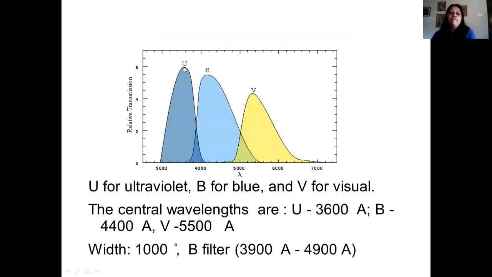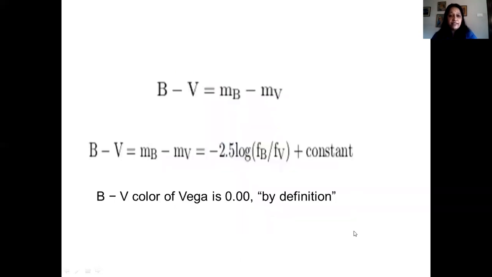So you have filters, for example, in ultraviolet, in blue, in visual. The ultraviolet filter has an approximately 3,600 angstrom peak. The blue filter is at 4,400. The visual one is at 5,500. So we actually measure or we sample the brightness of stars at these different filters or at different wavelengths.